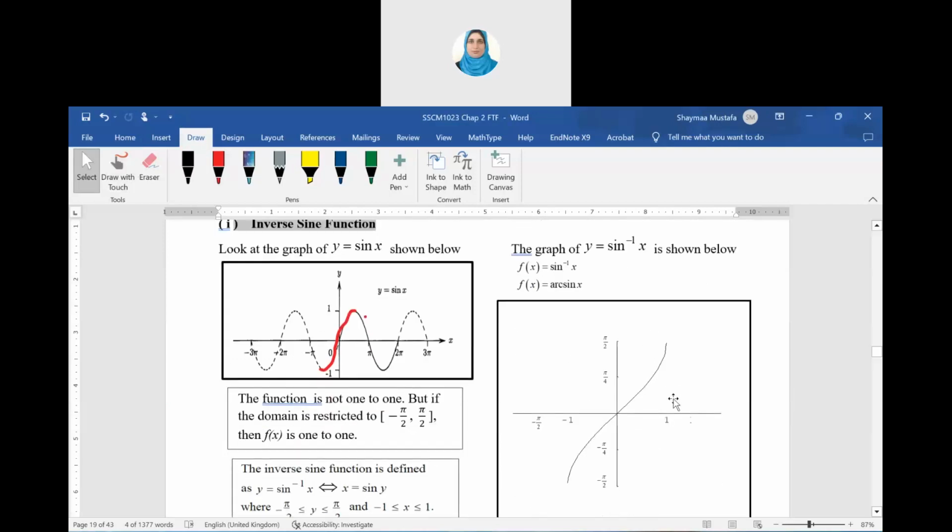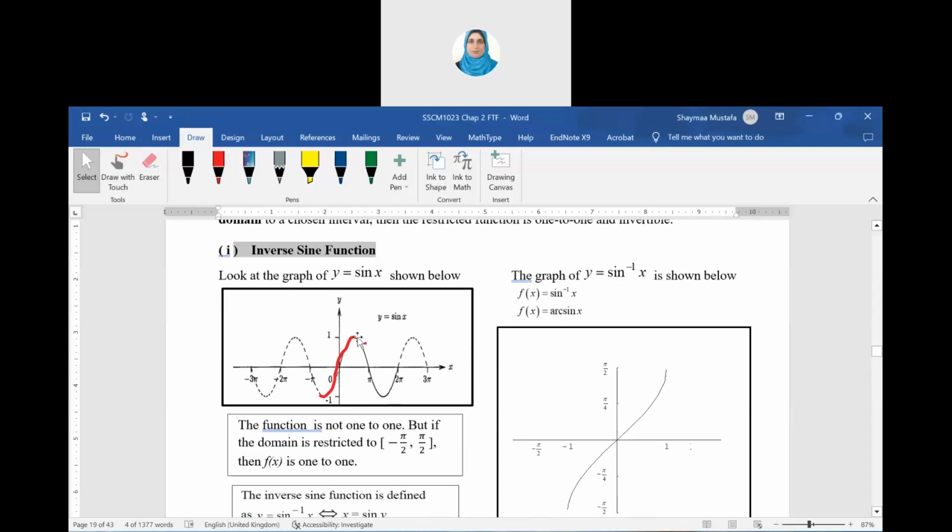When you reflect this part over the line y equal to x, you get this graph. So this is the graph of sine inverse x, or sometimes we call it arc sine x. You can write sine inverse x or arc sine x, same function.